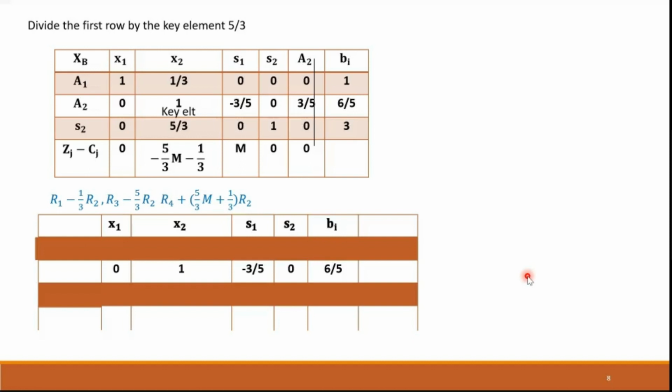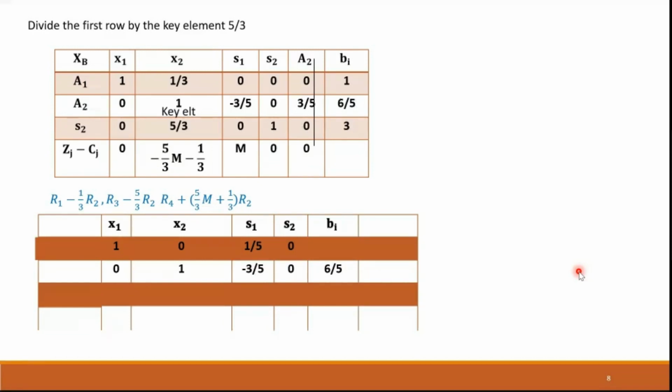Now tell me what is the first row. R1 minus 1 by 3 R2. So the first will remain 1. Second will become 0. What will remain in the third? 0 minus 1 by 3 into minus 3 by 5, so 1 by 5, and this is 0. And then 1 minus 1 by 3 into 6 by 5.